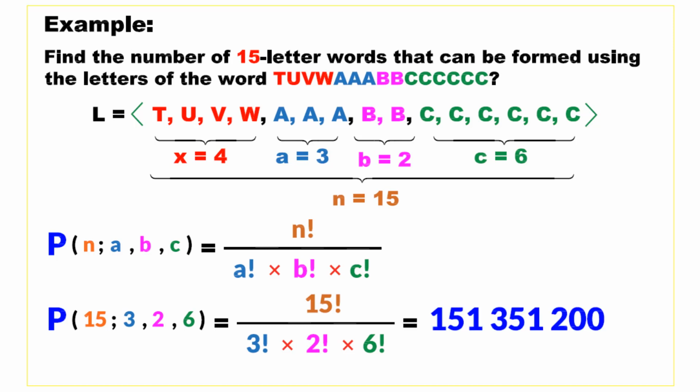And we get 151,351,200 ordered words that can be formed using the letters of the word here, T, U, V, W, etc.